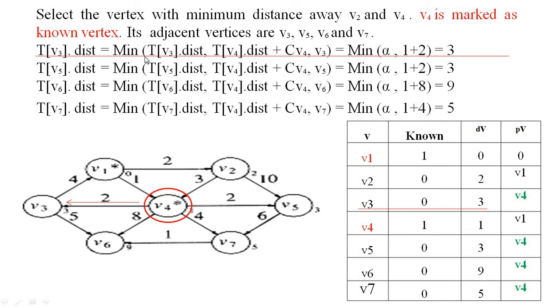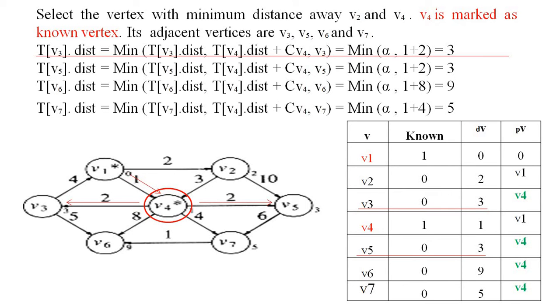It is the minimum of the v3 distance and the current value of v4, along with the current path v4 and v3 elements. The previous value is infinity. Now the current value is 1 plus 2, because the value from v1 to v4 is 1, so we count it as 1. Then we rewrite 3 as the current value.